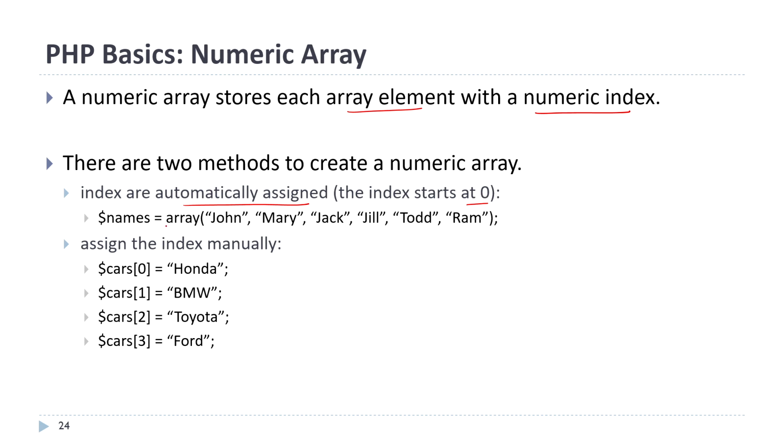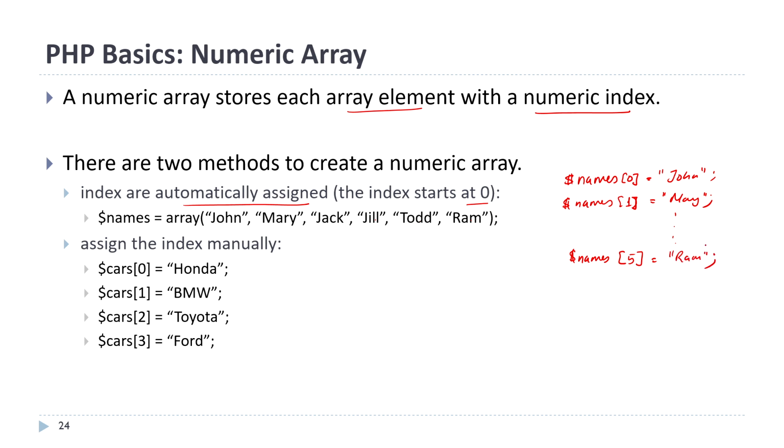So if we say $names equal to array John, Mary, Jack, Jill, Todd, then $names 0 will be John, $names 1 will be Mary, etc., and $names 2, $names 3, $names 4, $names 5, and $names 5 will be Ram.